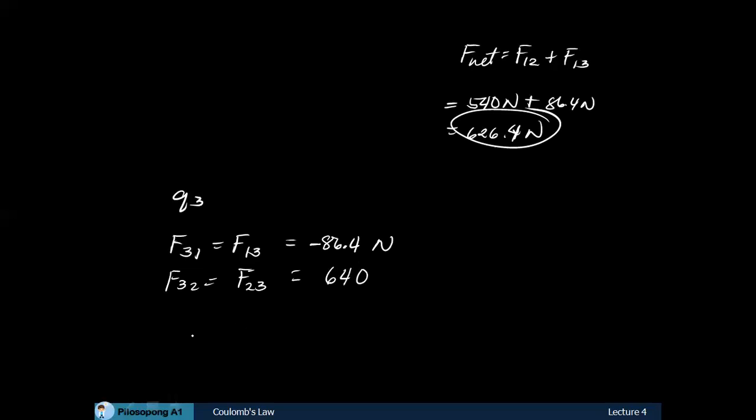Q2 is a negative charge, so it causes a repulsive force that is going to the right, so it remains as 640 newtons positive. And we get the net force, negative 86.4 plus 640, we have 554 newtons.